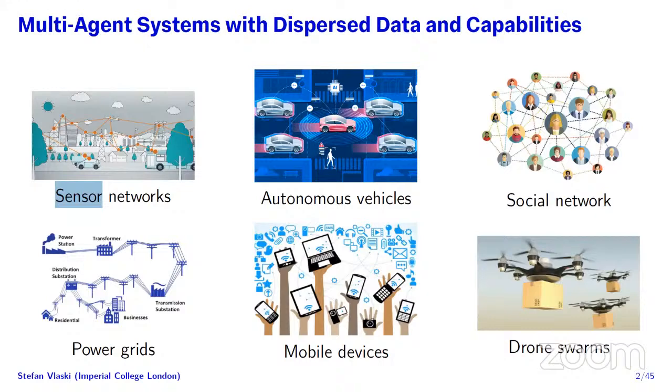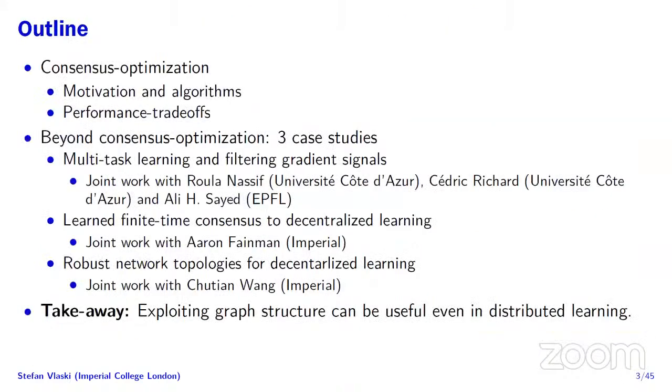So to just outline the structure of my talk, I will actually start by talking about consensus optimization, which we can think of as, let's say, a baseline approach to designing these intelligent distributed systems. And I'm quite aware that a lot of the seminal works on consensus optimization have been done by members of this community, okay?